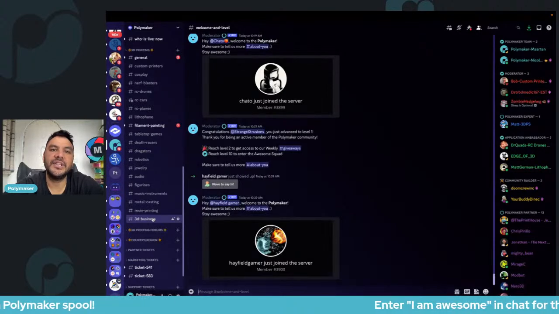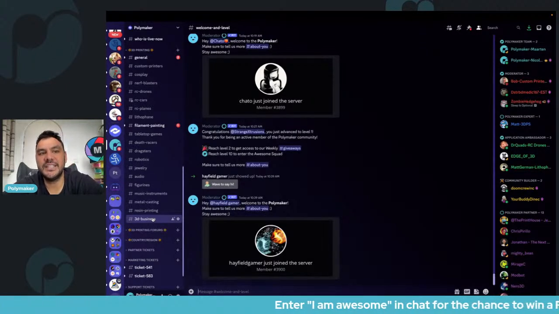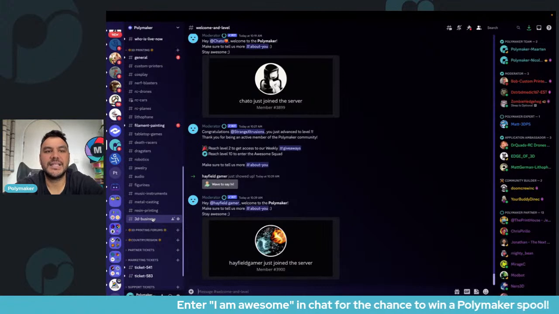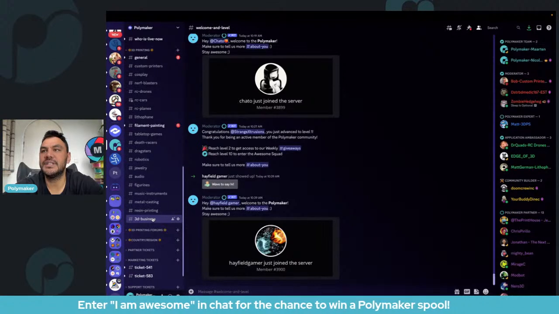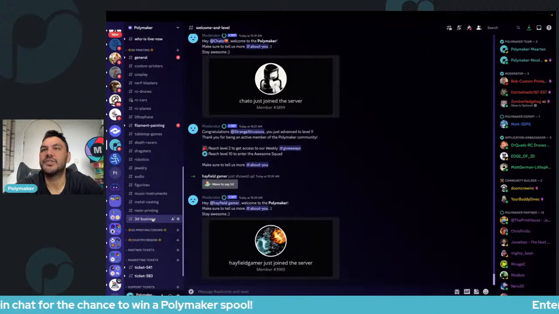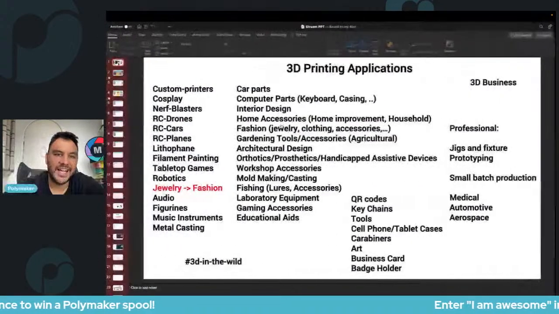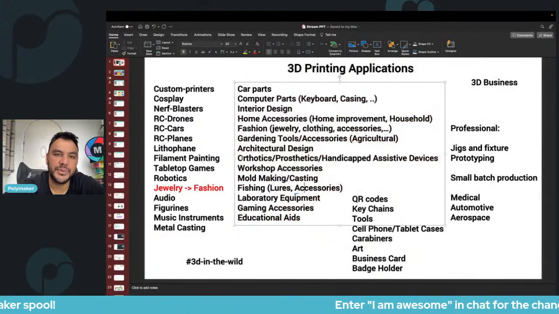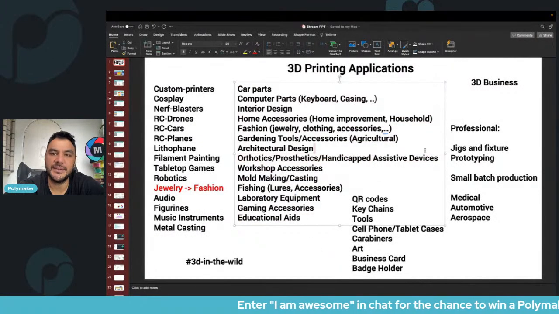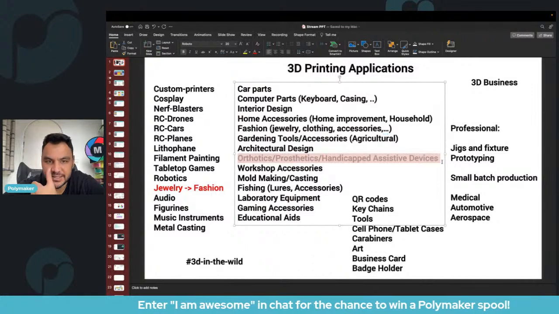Like you can opt in to the applications you are interested in, and then at the same time there is a role to ping you or something like this. Consolidate, yeah. How to consolidate all of this? For example, all of these orthotics, prosthetics, handicap, assistive devices can be put together.